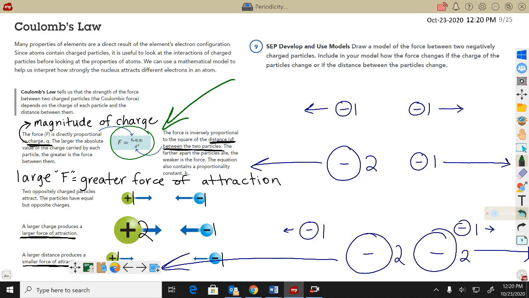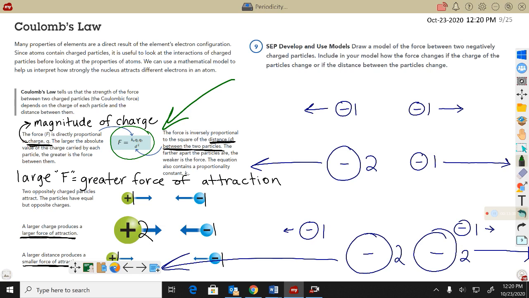Number one, yes, charge goes on top, but technically it's d squared on the bottom. It's distance squared. And eventually that has a huge impact on the degree of attraction, this force of attraction, F. Distance would be measured in usually picometers or nanometers, some teeny tiny fraction of a meter.